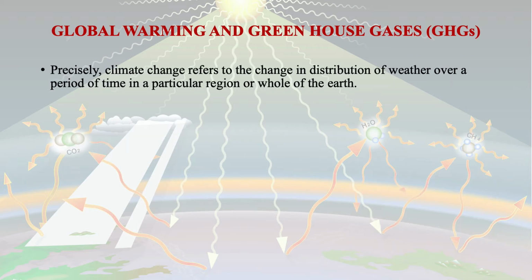Precisely, climate change refers to the change in distribution of weather over a period of time in a particular region or the whole of the earth.